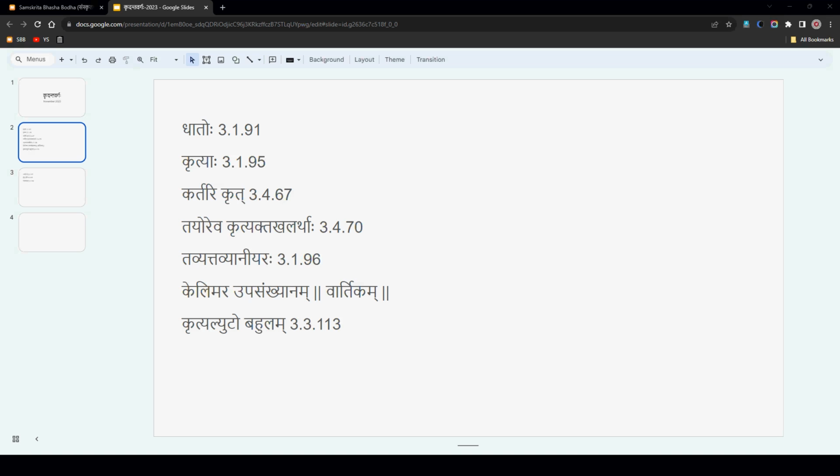So kartari krut we had, and then there is tayoreva krutyakta khalartaha. The kta, which you already know, but we'll also study a little bit grammatically later.